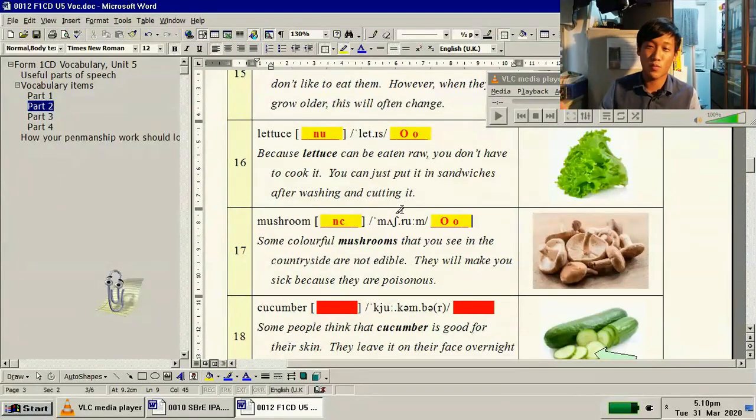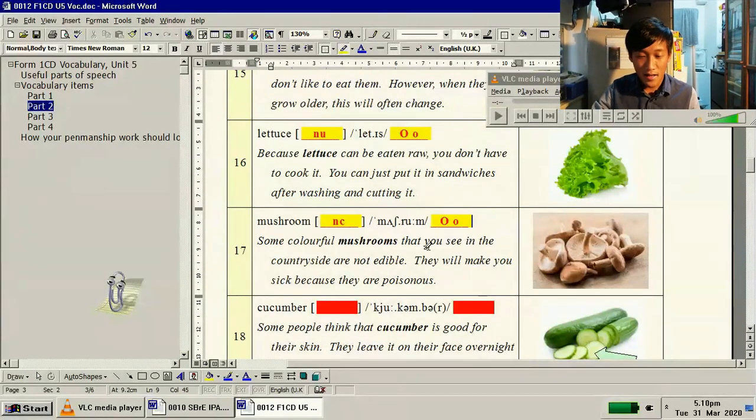So what happens if you eat them? If you pick the mushrooms in the countryside, especially the colorful ones, they will make you sick because they are poisonous. So poisonous is an adjective ending in OUS. That means it has poison in it. That means you'll get sick or even die after eating it. Poison, yeah? Poisonous.